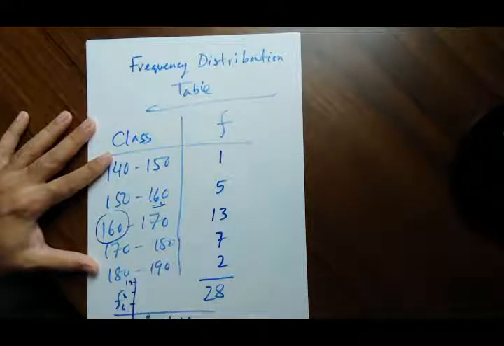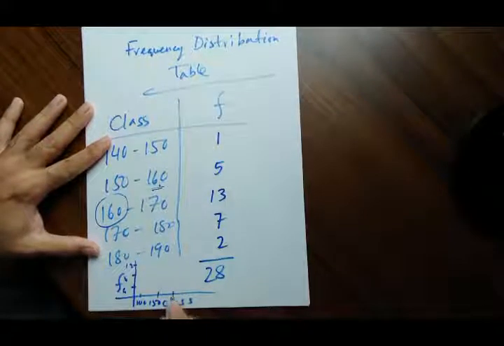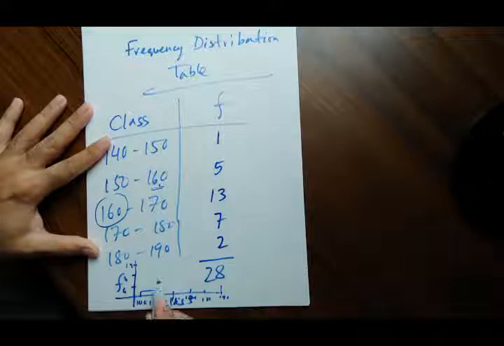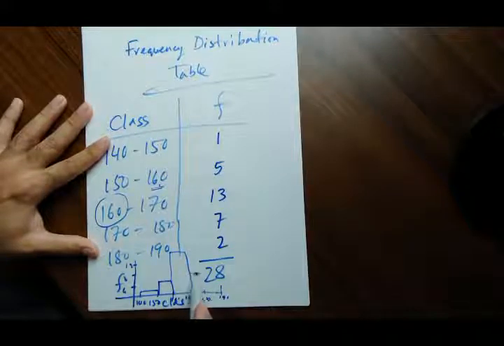So this will be class that starts from 140 right here to 150, 160, 170, 180, 190, like that. So this is 1 frequency, and then I have a 5. I'm approximately drawing a 5, and there's a 13 like that, and that's a 7, and that's a 2.